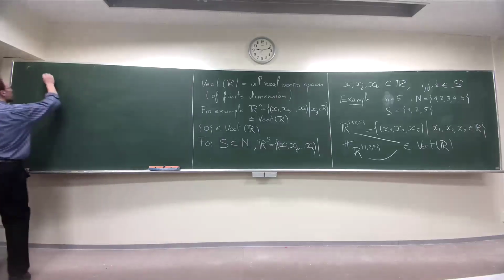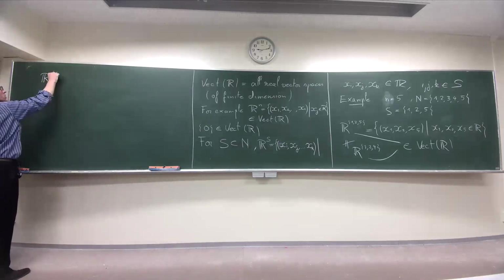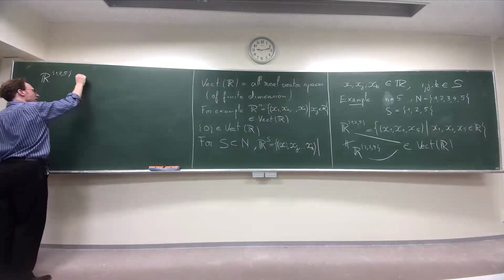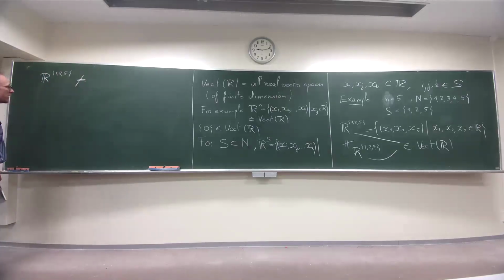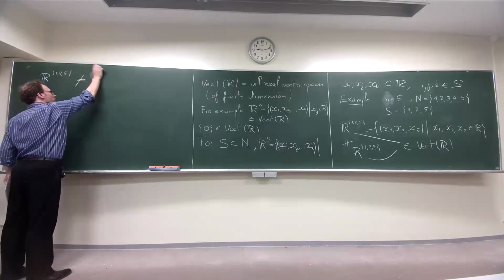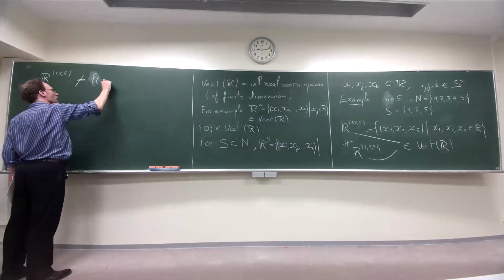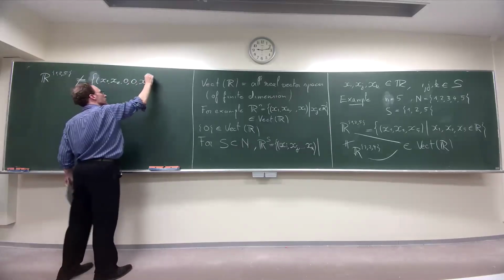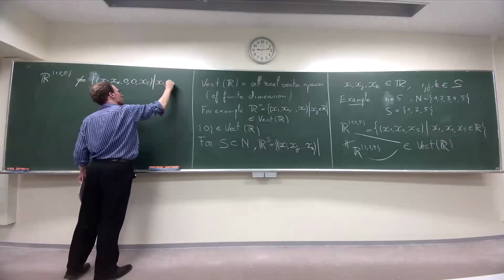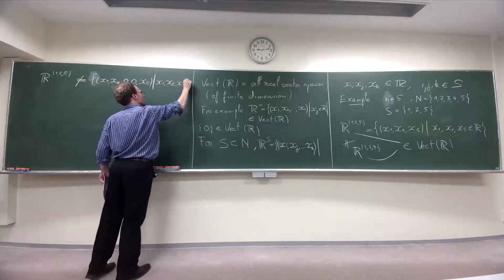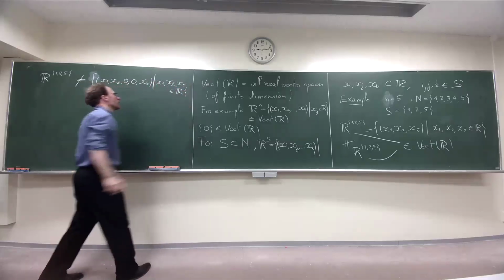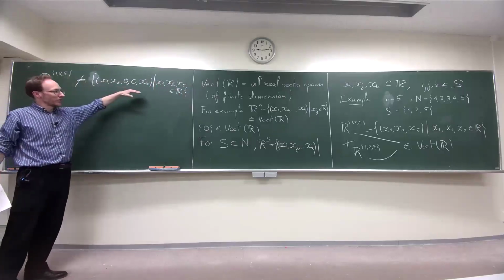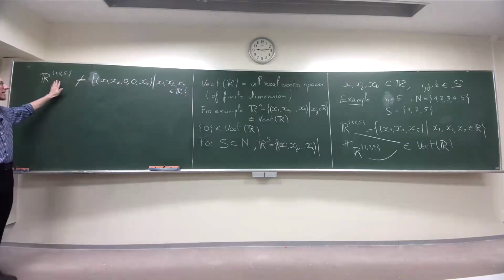So R^{1,2,5} is not the same, be careful if you are familiar with subspaces, as the set (x1, x2, 0, 0, x5) such that x1, x2, and x5 belong to R. This is naturally a subspace of R^5, but it's not the same.